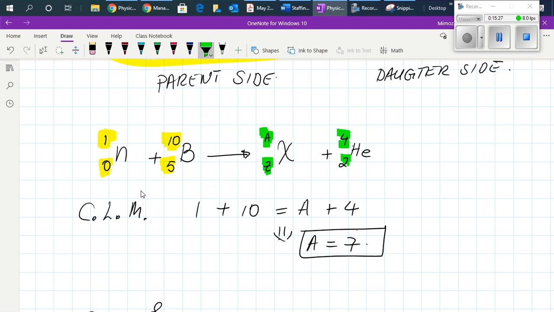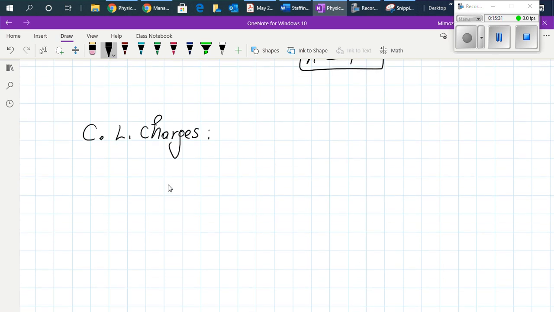So on the parent side, the atomic number is 0 plus 5. And on the daughter side, we say Z plus 2. So the conservation law of charges, or of atomic number, is 0 plus 5 equals Z plus 2. And from here, we find that Z is equal to 3.